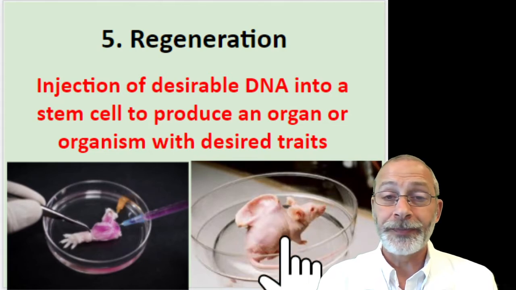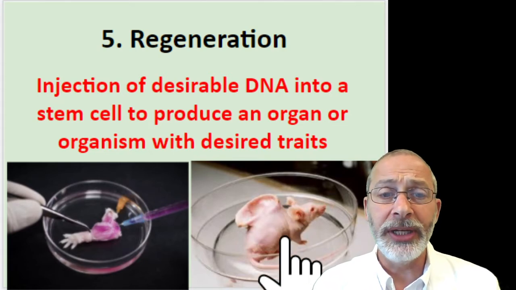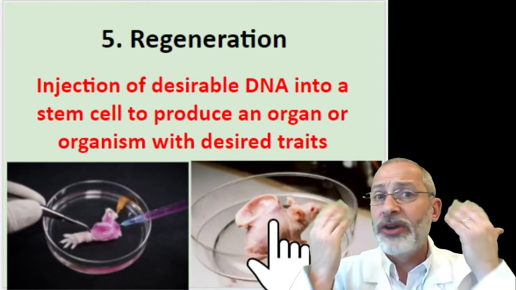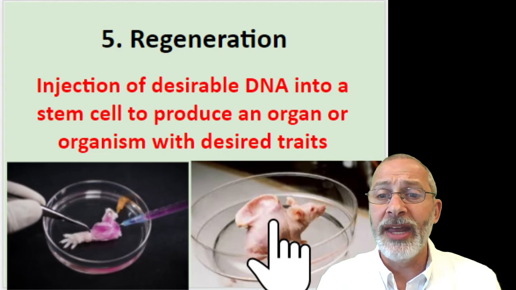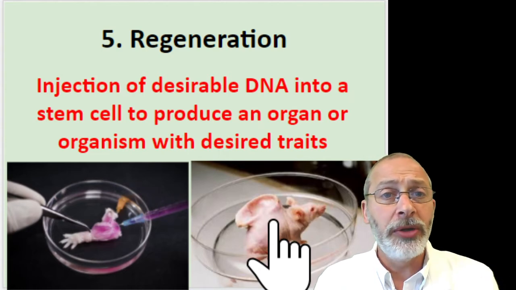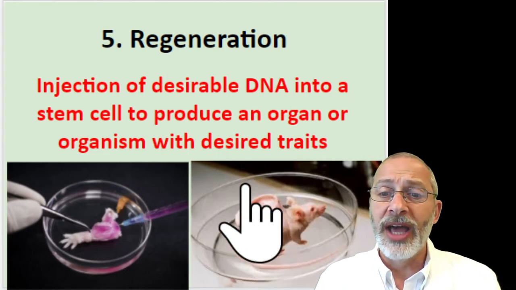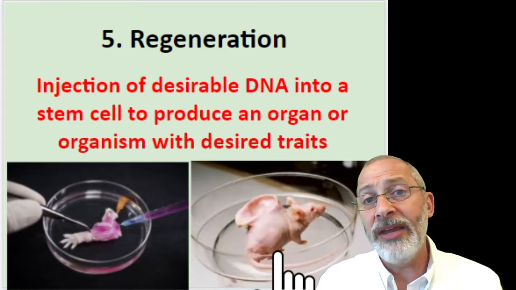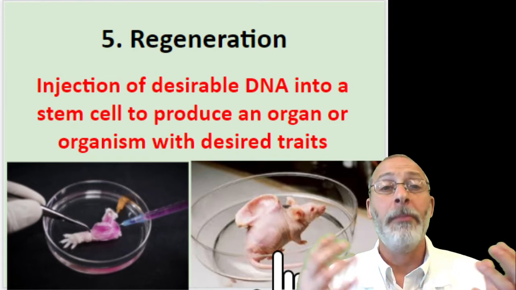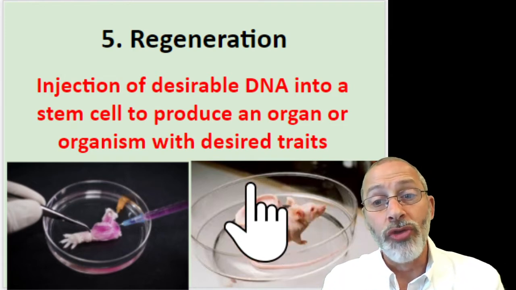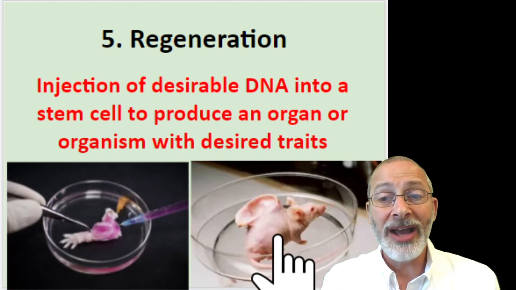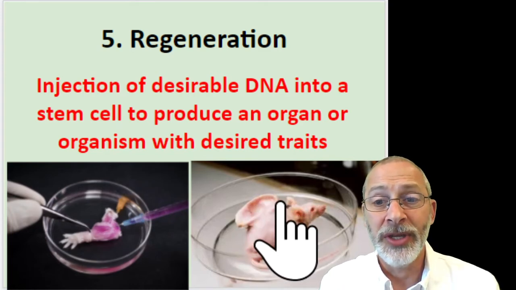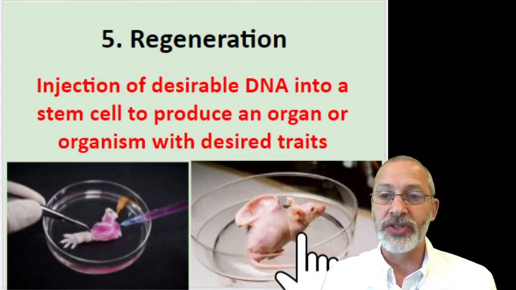Why? Well, as I recall reading in this particular study, there was a burn victim that had their ears just burned off their head. And in order to look more normal, they're utilizing this regeneration technology to take DNA from the patient's body in order to grow an ear on a mouse in order to provide the circulatory system for the ear to grow to full size.